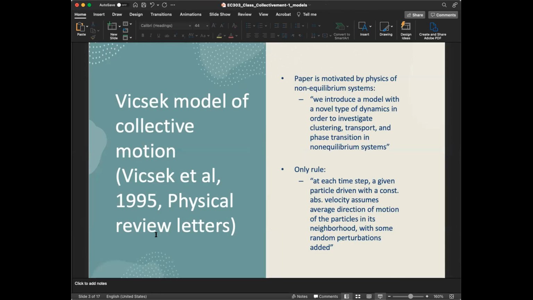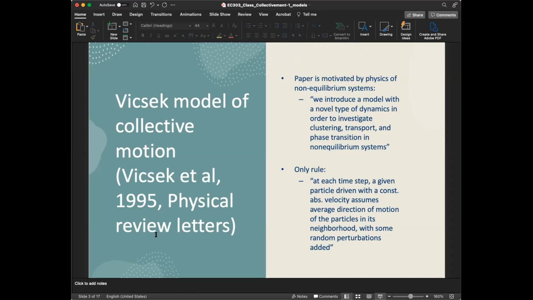Okay, so basically this paper was motivated by physics of non-equilibrium systems, not as much to explain truly the collective behavior in animal groups, but that was indeed the motivation. So we introduce a model with a novel type of dynamics in order to investigate clustering, transport, and phase transition in non-equilibrium systems.